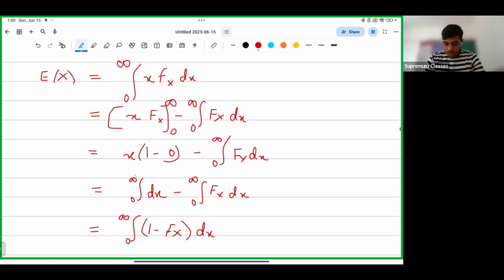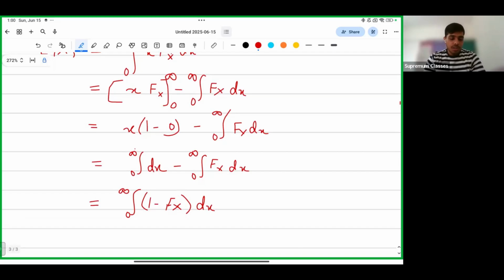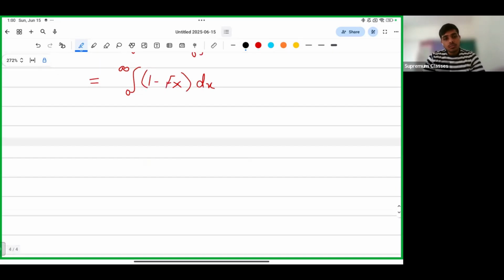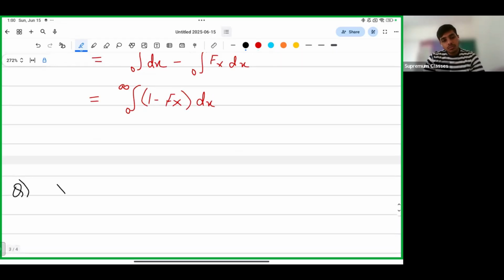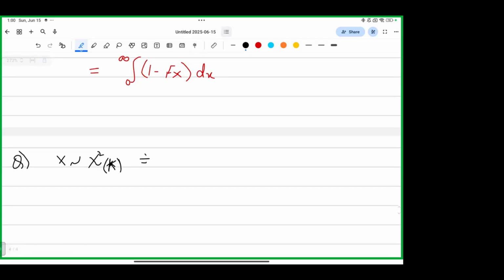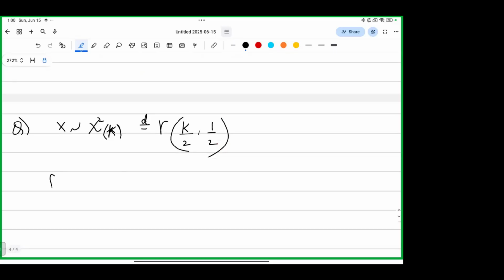I'll ask another question. Say you have a random variable that follows the chi-square distribution, chi-square k. Can you write the PDF? This would be the same as gamma(k/2, 1/2).